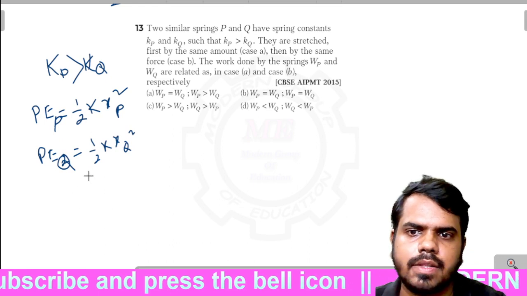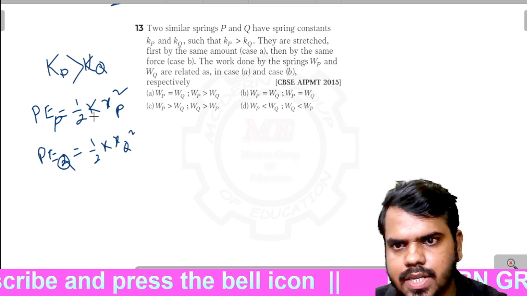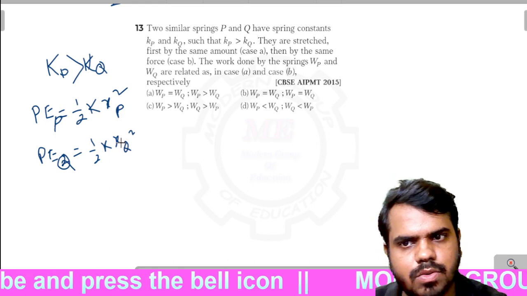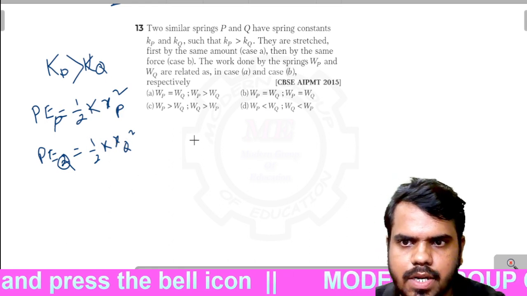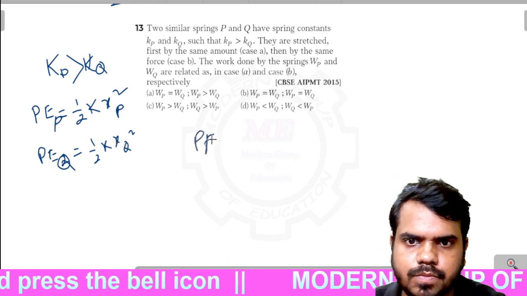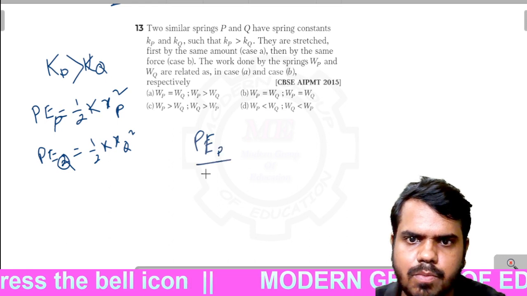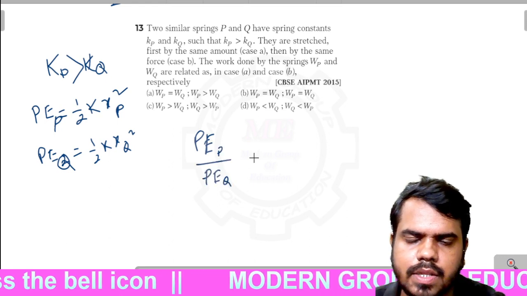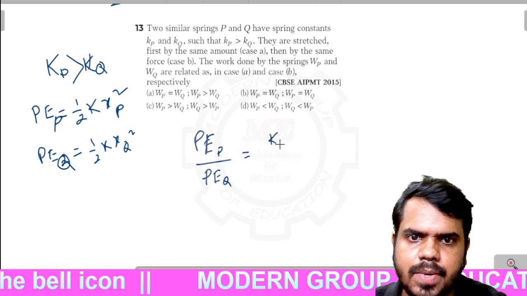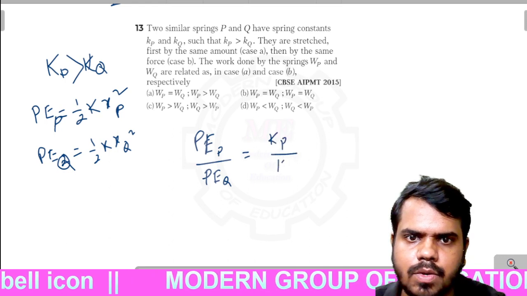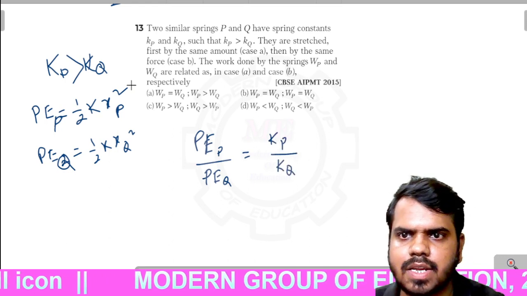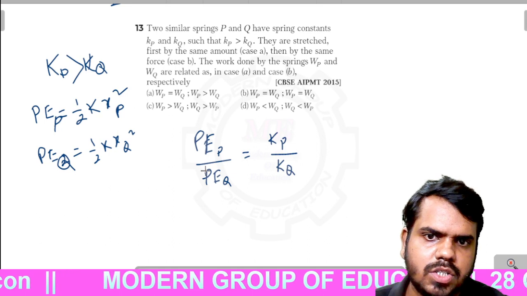Since kp is greater than kq, if we write potential energy of p by potential energy of q, then we can write kp by kq. It is written that kp is greater than kq, that means potential energy of p is greater than that of q.